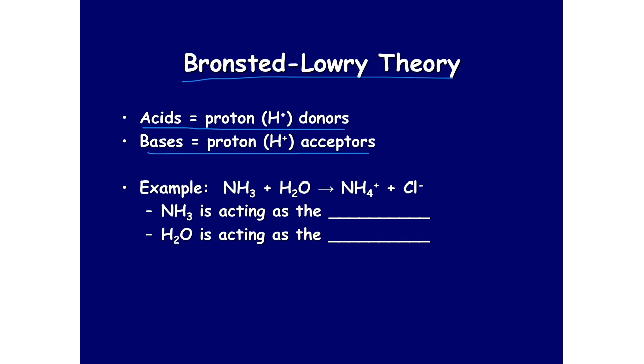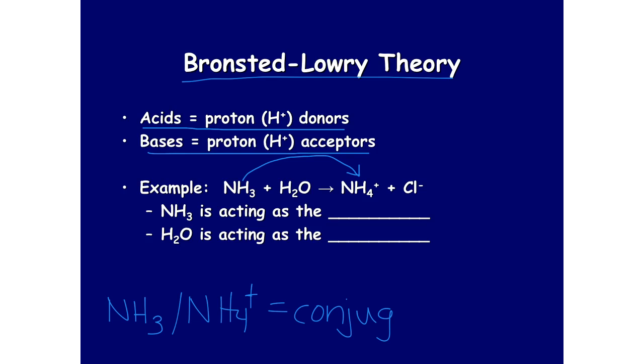So if we take a look at this here, NH3 is turning into NH4 plus. We call NH3 and NH4 plus a conjugate acid-base pair. So it's the 2 things that we hook together.